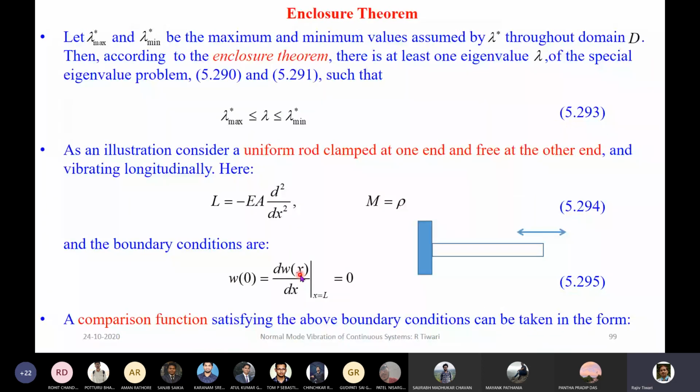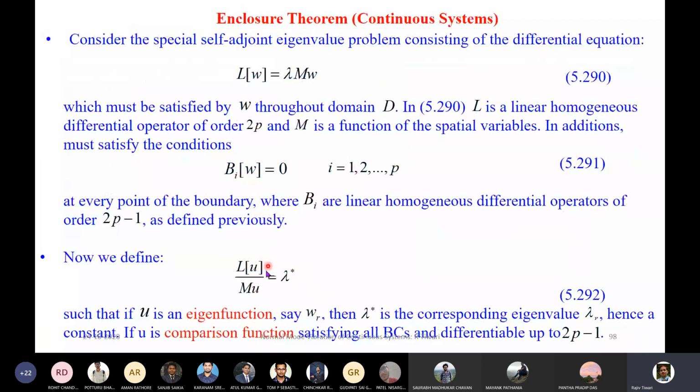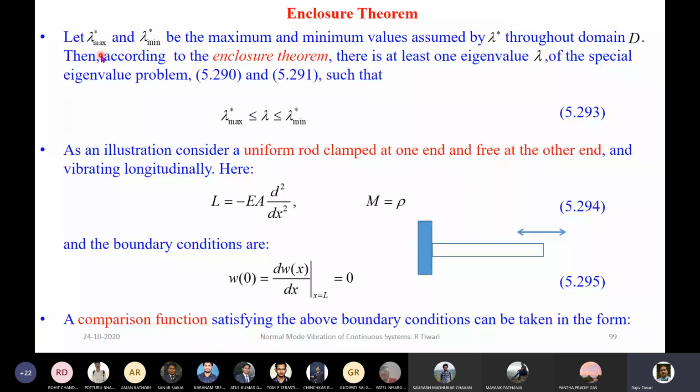Obviously, because U is a function of x, the length of the beam, if we vary x, we will get a different ratio. Among the different ratios, we need to find which is the maximum and which is the minimum. Correspondingly, using this enclosure theorem, we can say that one of the eigenvalues will be between these minimum and maximum values.